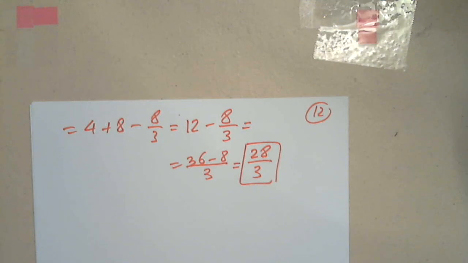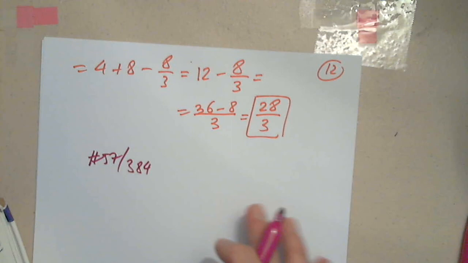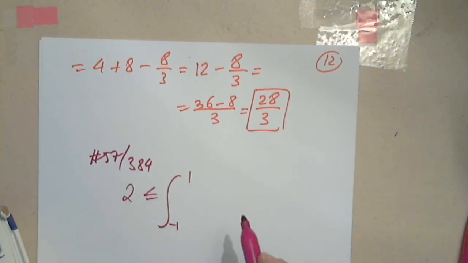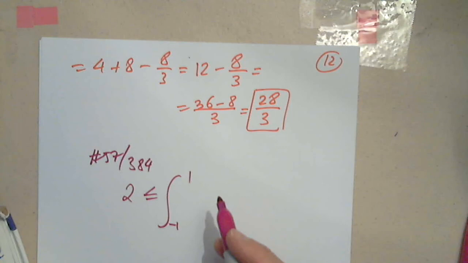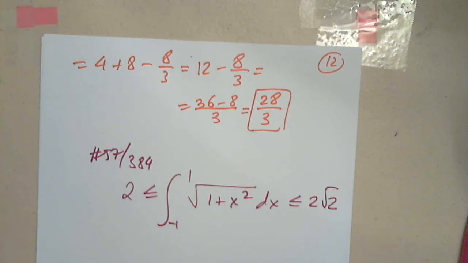Okay, so let's take a look at 57 on page 384. They're asking us to show that this is correct: 2 is less than or equal to the integral from negative 1 to 1 of the square root of 1 plus x squared dx, which is less than or equal to 2 times the square root of 2.